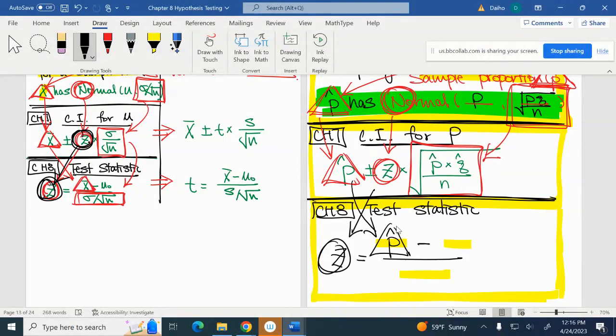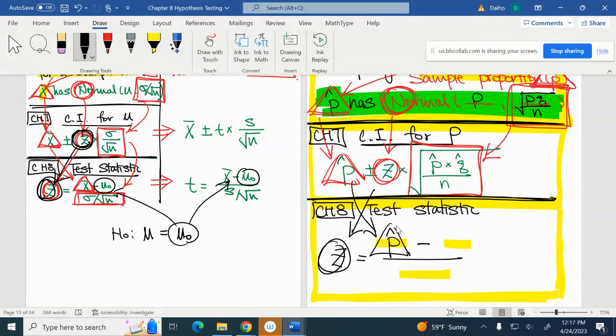How about the next one? The second one was mu 0. Where was the mu 0 from? From the null hypothesis, right? The null hypothesis is mu equal to mu 0, so we take the mu 0, the initial value, from here to here.